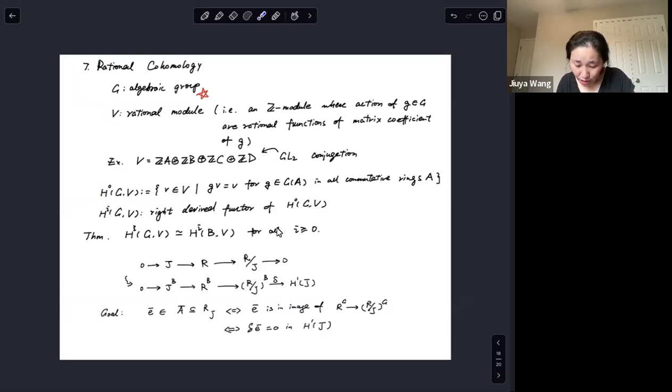To show that it comes from R fixed by B, it is equivalent to show that the connecting homomorphism delta of E bar is equal to 0 in the H1 of J.